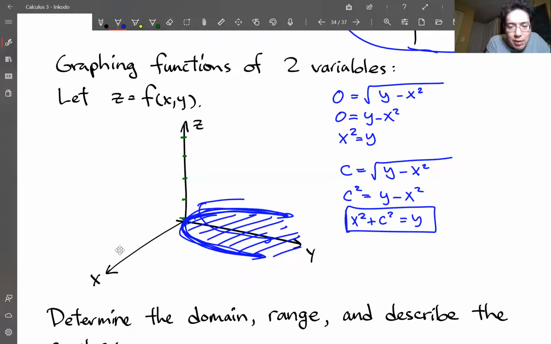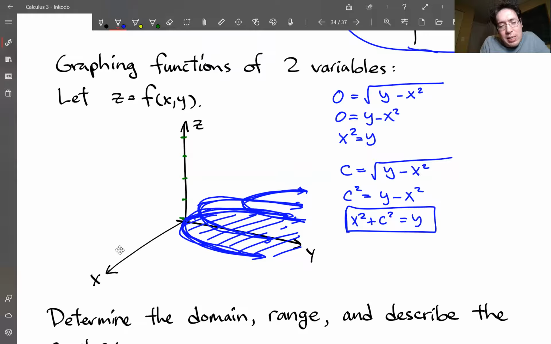Maybe a parabola that looks like that. If I set c equal to 2, it's again the same shape parabola, y equals x squared, but then plus 4. So it's shifted 4 units in the y direction. Maybe it looks more like this.